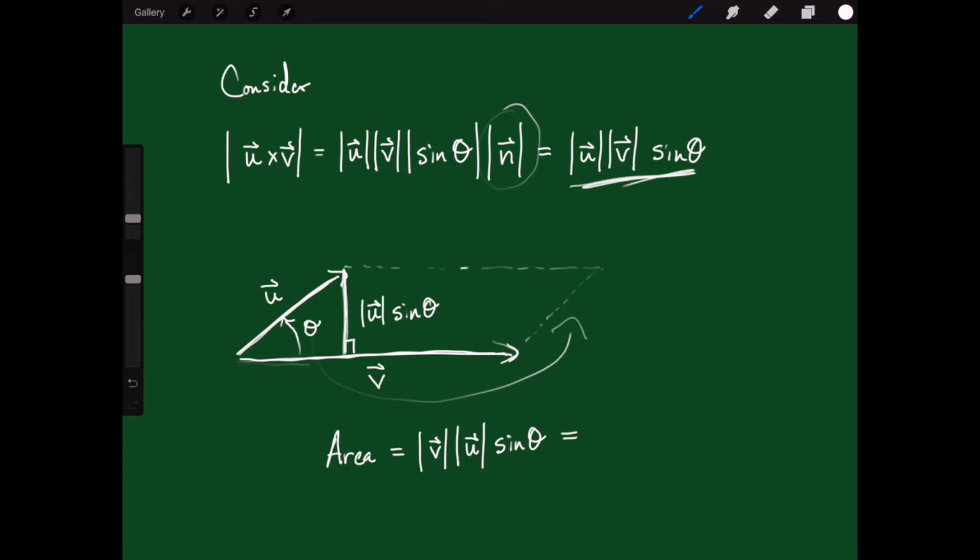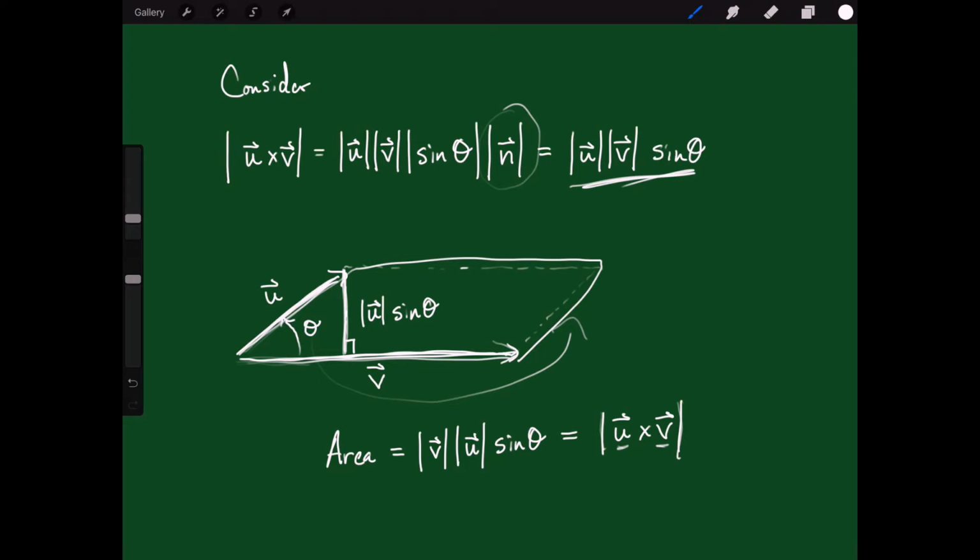So in other words, the area of that parallelogram is the magnitude of u cross v. So the magnitude of u cross v ends up being the area of the parallelogram formed by the vectors u and v. Okay, so if you know what your vector u is and you know what your vector v is, if you want to know the area of the parallelogram that's formed by those two vectors, you just take the cross product of u and v and then just take the magnitude, and that gives you the area of that parallelogram. Okay, that's kind of cool.